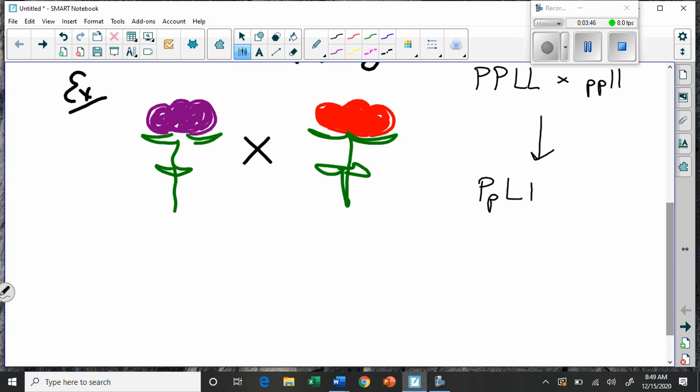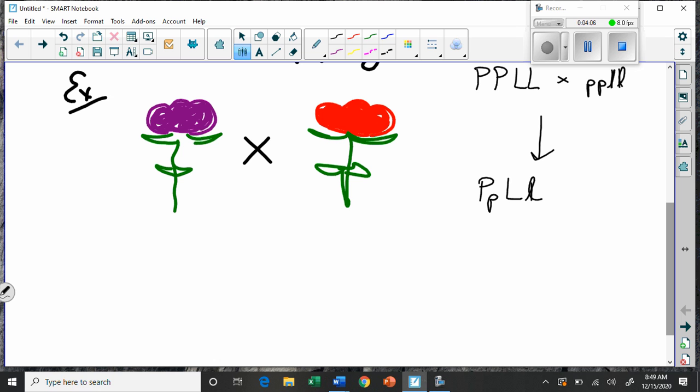That's the only real possible combination because you're only producing one allele in each case. I'll make these little scripted L's so they stand out a little better. Then we end up with all purple flowers.